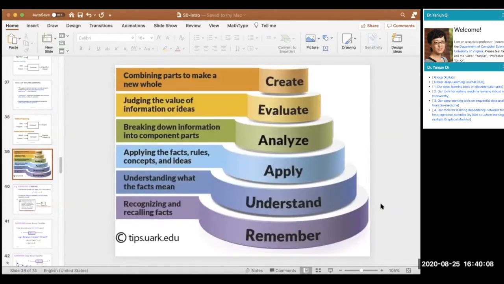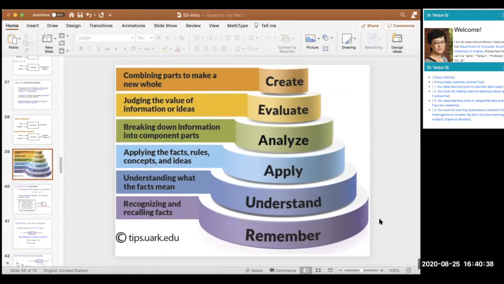This page is more like an explanation about how I organize the following slides about the basic plan. This is actually called Bloom's learning taxonomy. My style of teaching is always to tell you why I'm doing something. There's normally some learning principle behind it, some reason behind it.